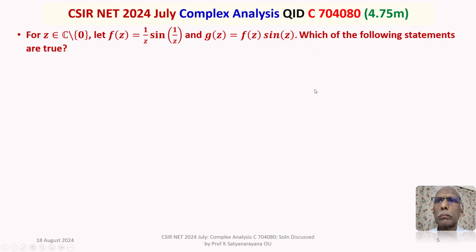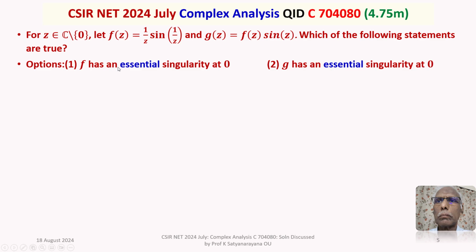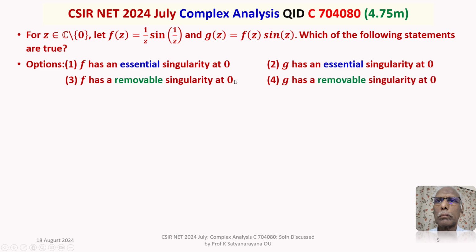Which of the following statements are true? We are given four options. Option 1, f has an essential singularity at 0. Option 2, g has an essential singularity at 0. Option 3, f has a removable singularity at 0. And option 4, g has a removable singularity at 0.